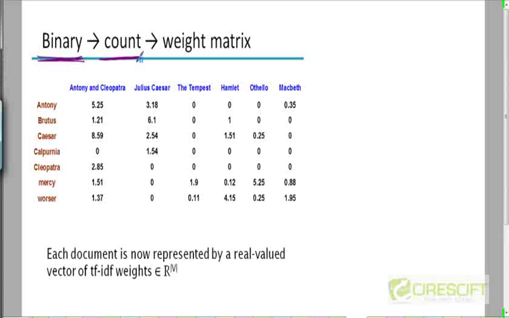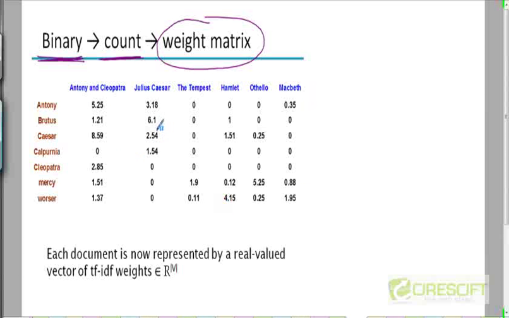If you recall, we discussed this before the break, that each document in the count matrix can be thought of as a vector of natural numbers, where the value of every component of the vector is the term frequency. Now we can think of another matrix called the weight matrix, where instead of using the term frequencies, we use the TF-IDF scores.